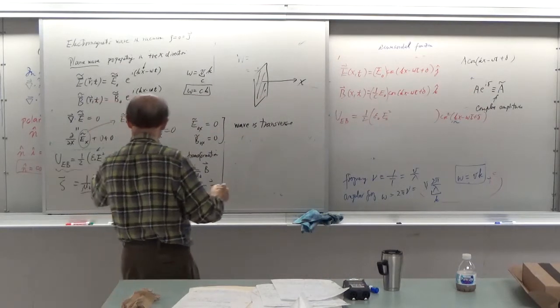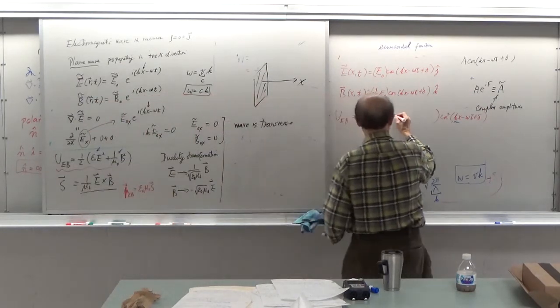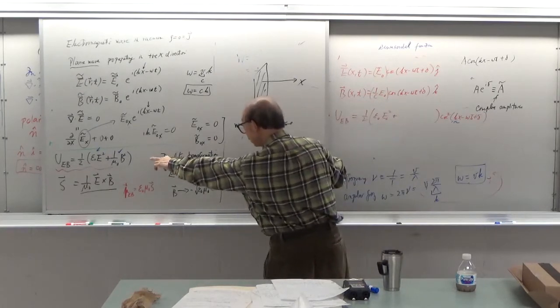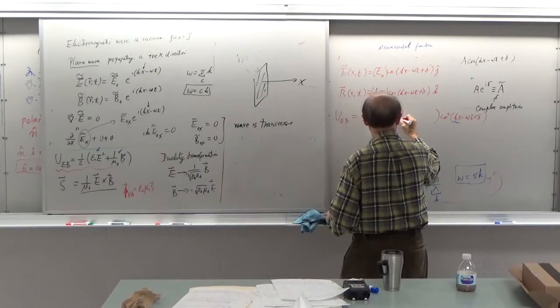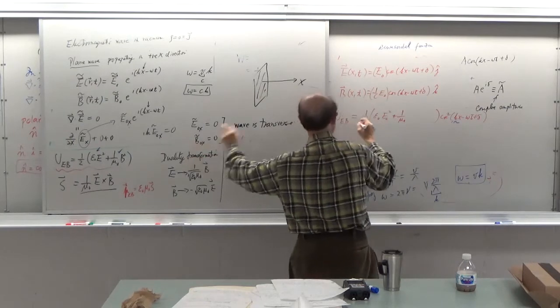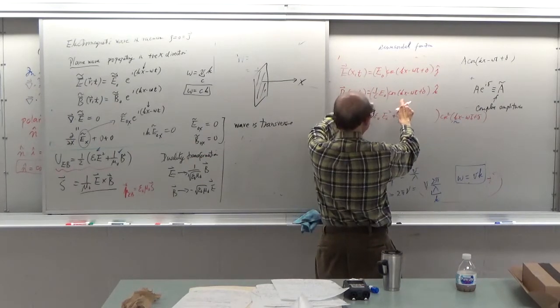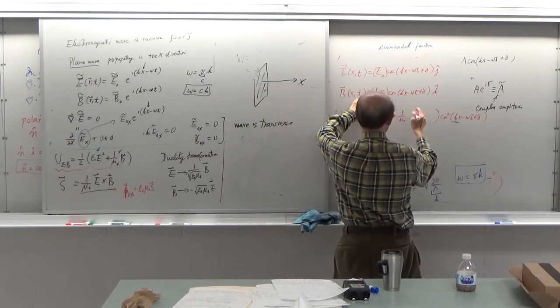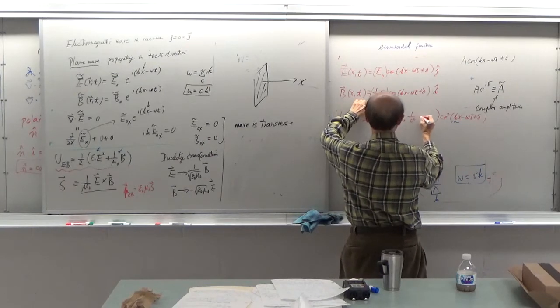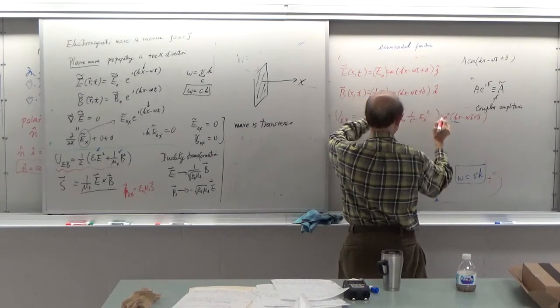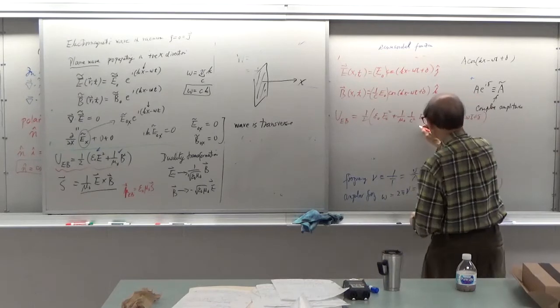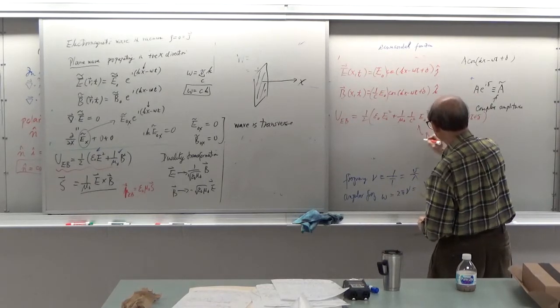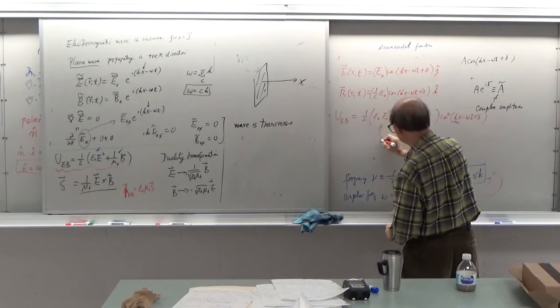And then this term is 1/2 times 1 over mu naught times B square. B square is here. I have cosine square here already. So here I have 1 over c square E naught square. This term comes from the magnetic field B. This comes from the electric field E contribution.